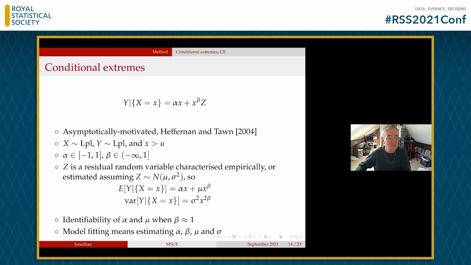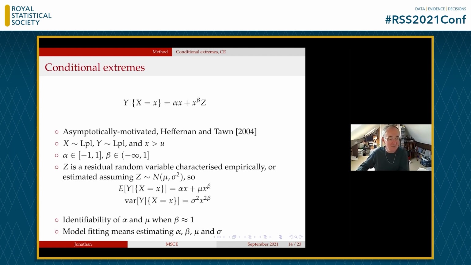For example, for fitting, we might take a normal. Then model fitting essentially means fitting alpha, beta, mu, and sigma. You can look at what the conditional mean and the conditional variance are under that model assumption, and these are the forms that you get. You might suspect that there are going to be some identifiability problems.